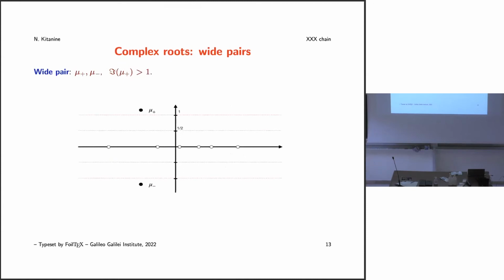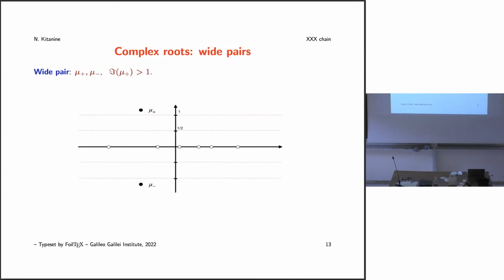And then there is the most exotic thing, what is called wide pairs, when the imaginary part is greater than 1. These are the types of complex solutions which can be realized around the ground states when the number of holes is finite, more or less. What is important to understand is that we can choose states with some arbitrary position of holes, but it's not so for the complex roots.